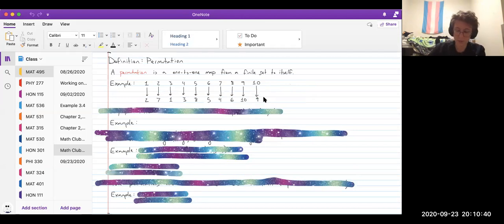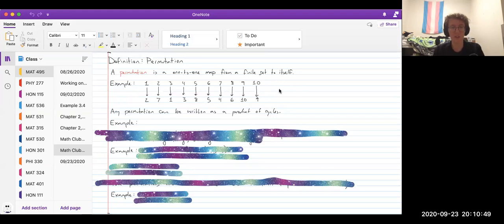This is a whole lot of stuff to write out, so a convenient notation we use is cycle notation for permutations. Any permutation can be expressed this way, and I'll give an example for this permutation.